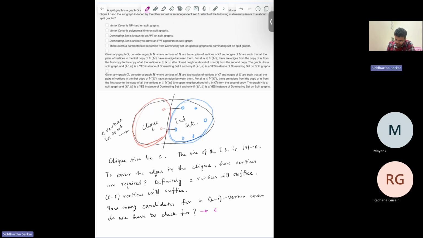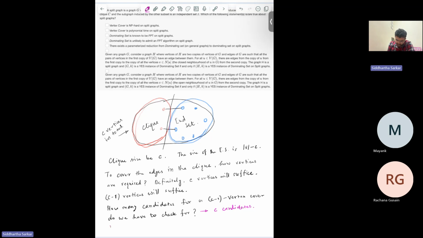So there are c candidates. For each of these candidates, you can verify in at most order v time whether it forms a vertex cover or not.